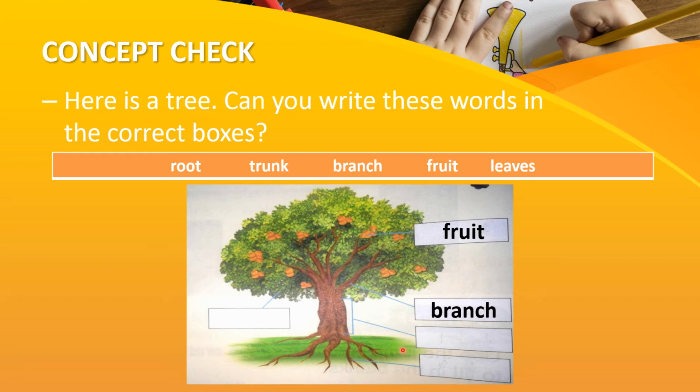In the next box, you have to write the name of this part of the tree. This wide part of the tree is called trunk. T R U N K. In the next box, we will write the name of this part, the part which grows under the ground, and that is root.